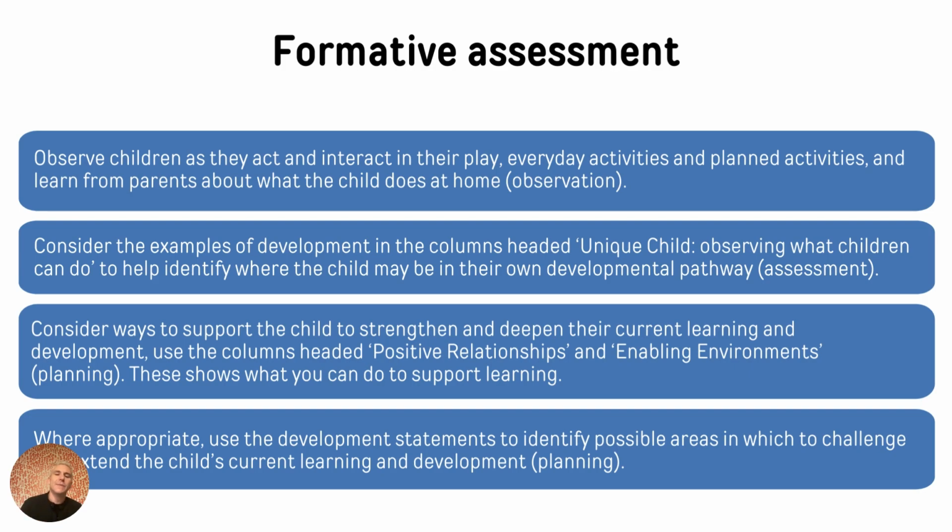And in that column, there are suggestions of what you as the early years practitioner can do to support the children in achieving those developmental milestones. And finally, the third column of that document, which we will look at in a few minutes, is called Enabling Environments. And that's how you can set up the rooms, organize the nursery and the early years provision to support the children in meeting those developmental milestones.